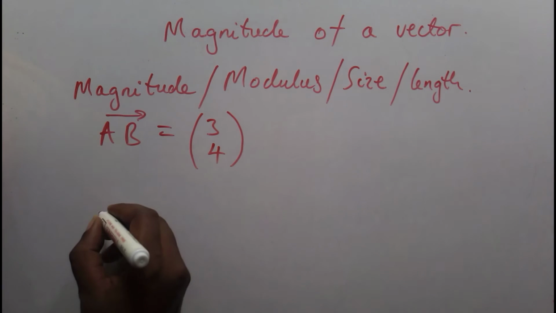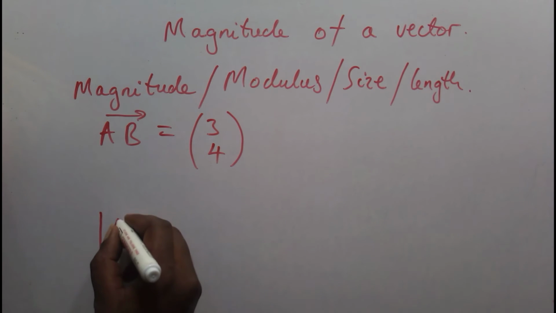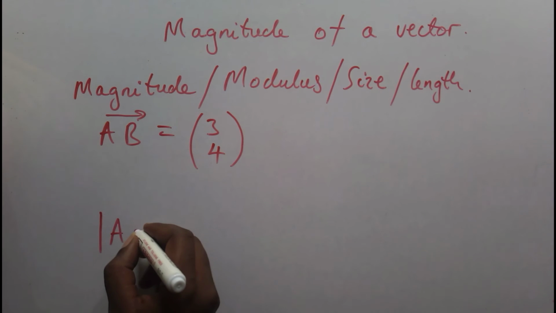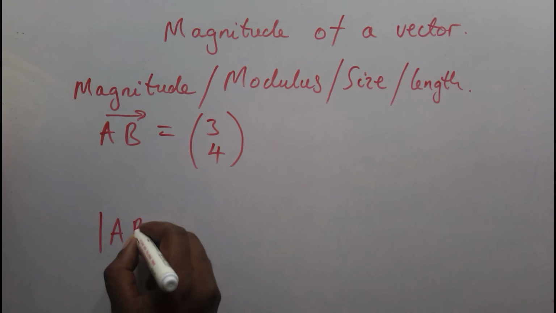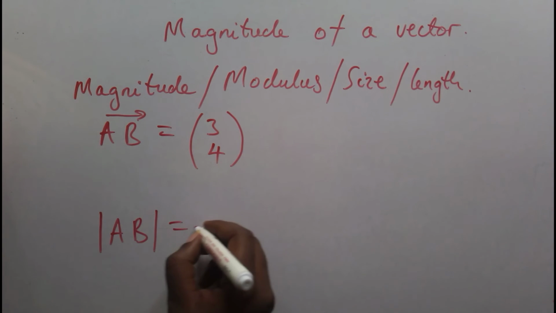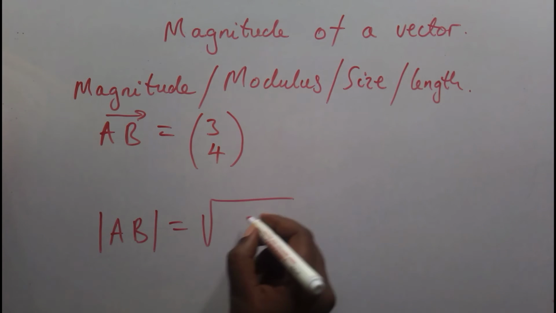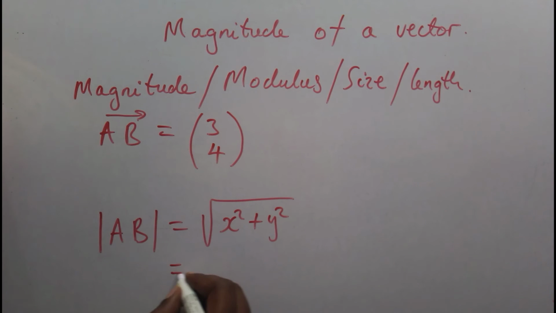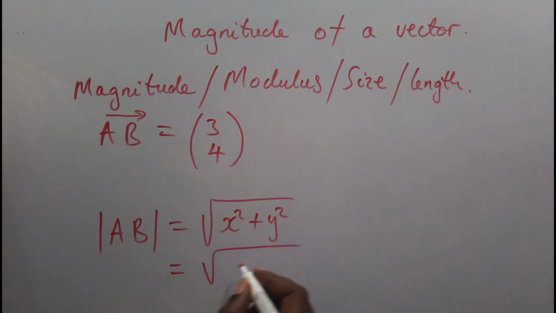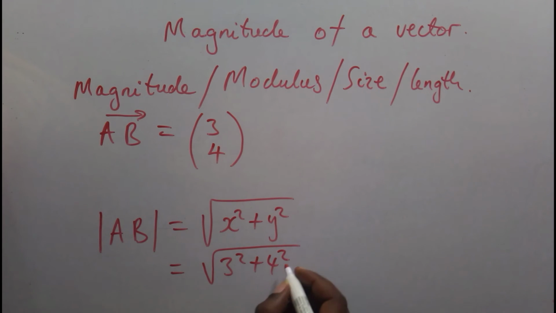Now, we're asked to find the modulus of AB, or the magnitude of AB. That is the notation that we use. We write AB, then we put it between those two lines. That's what represents the magnitude, which is equal to the square root of x squared plus y squared according to Pythagoras theorem.